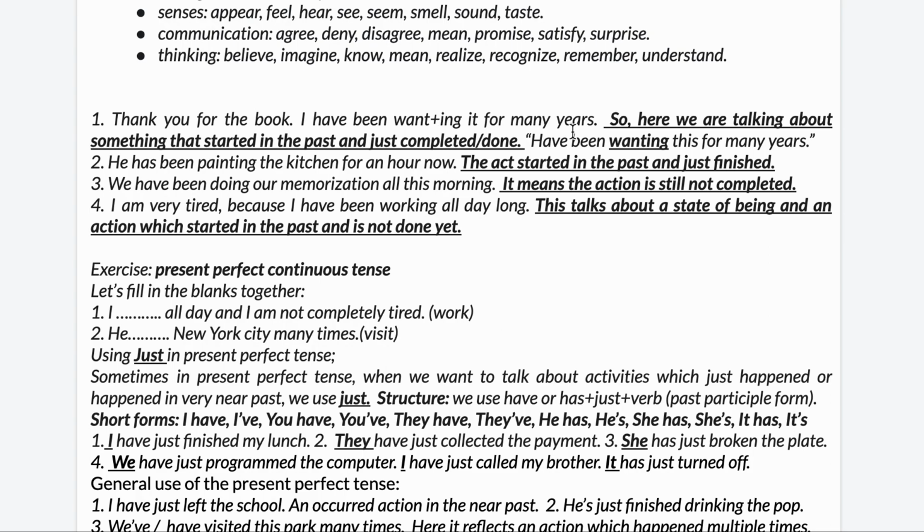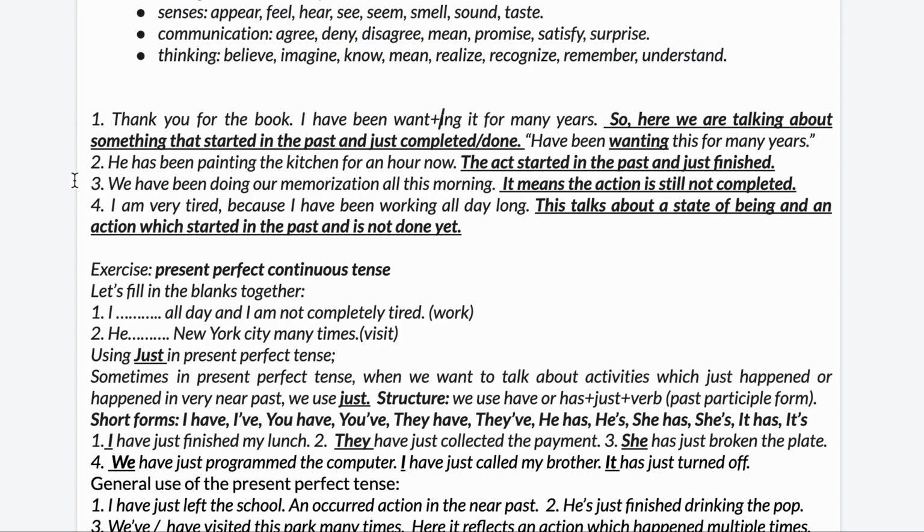Let's say 10 years ago, I read or heard about this book, but I've been wanting it from back then, and thank you, you just gave it to me. So this wanting just finished. It's a complete action. I have been wanting this for many years.